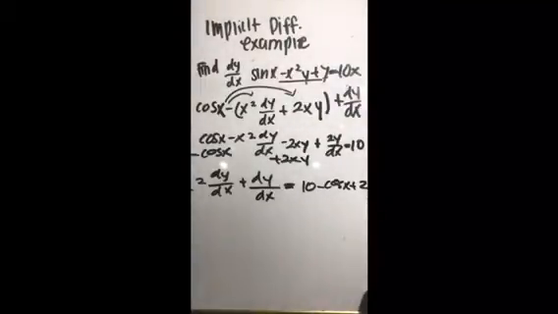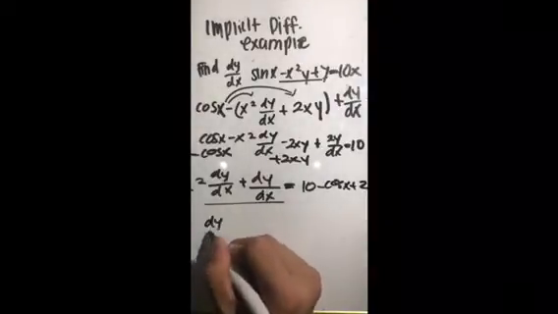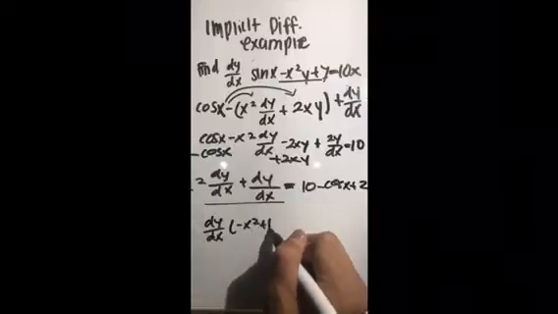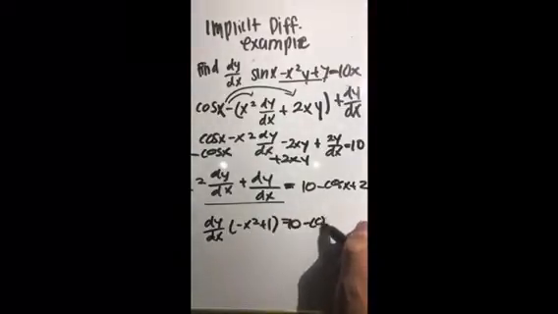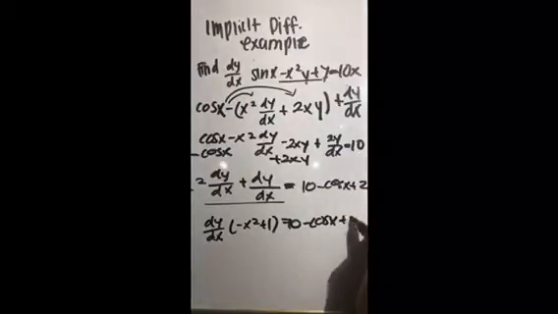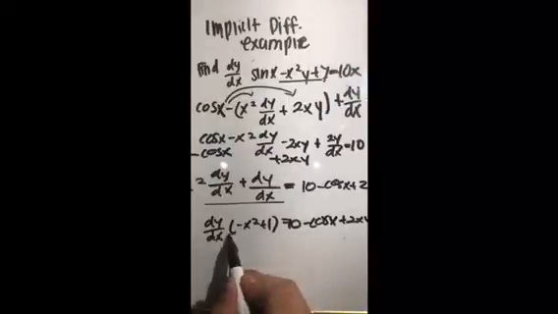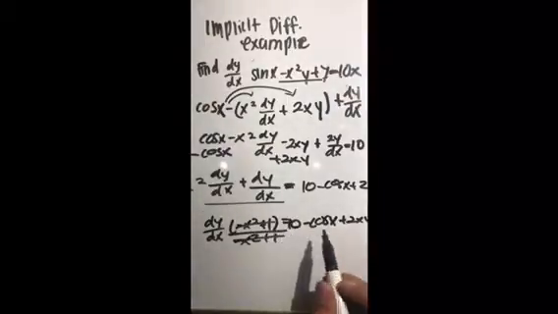And then from there, we can actually factor this out. So it would be dy/dx times negative x squared plus 1 equals 10 minus cosine x plus 2xy. And then we want to get our dy/dx alone, so we're just going to divide, bring it to the other side, and it cancels out.